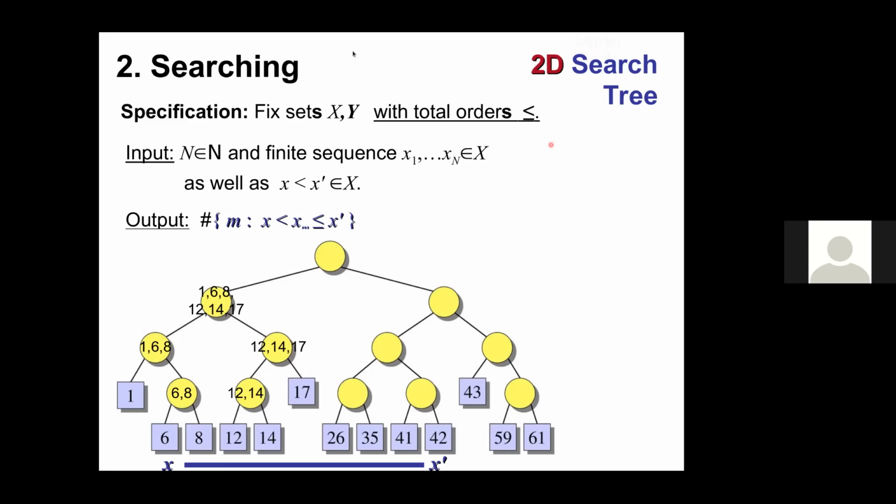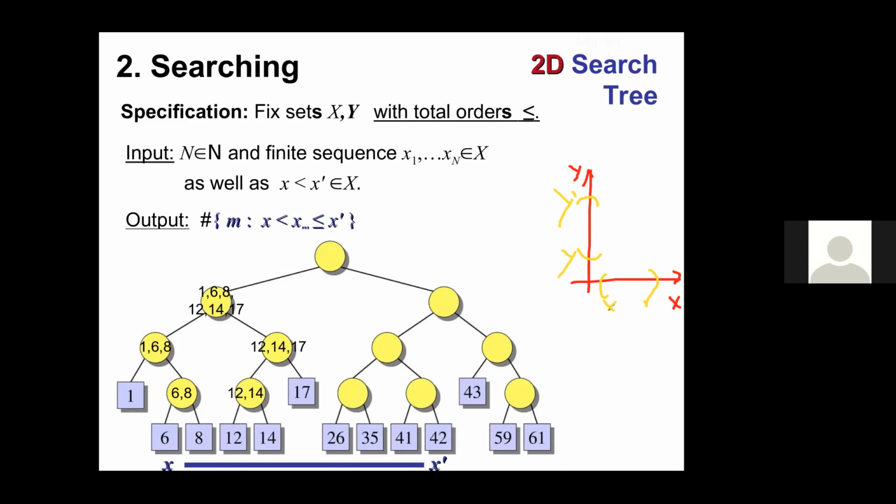Now 2D means, let me try to draw it: assume that you have not only one coordinate, but two coordinates. So you have, let's say, x and x prime, and y and y prime.